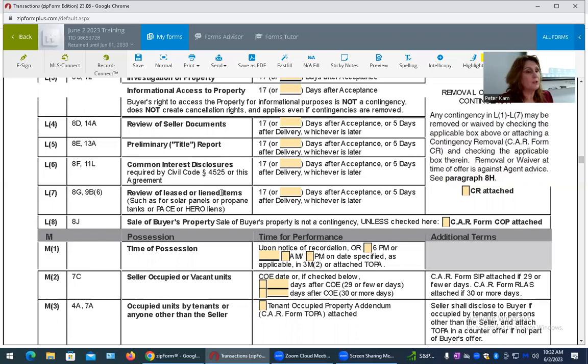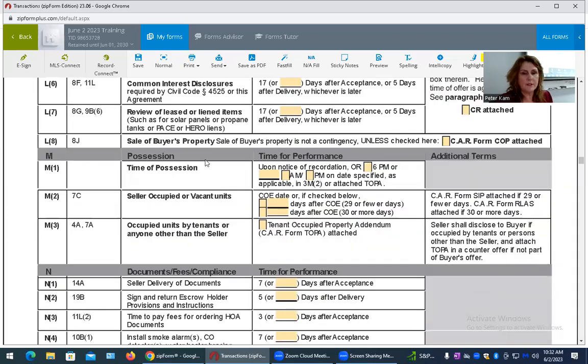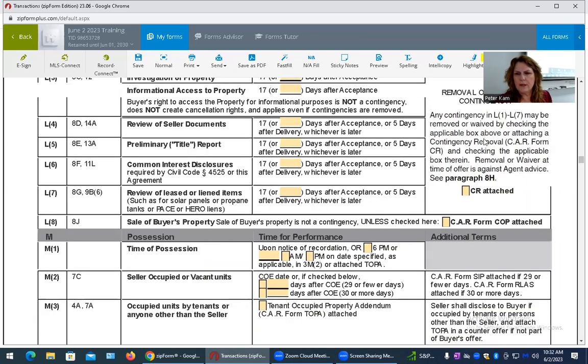Common interest disclosures, which is your HOA. Time of possession upon recordation. If it's contingent upon the seller buyer's property, make sure you do check that. I'm moving a little quicker because I think we know most of this. If you do a contingency removal, you are acting against the advice of the agent.